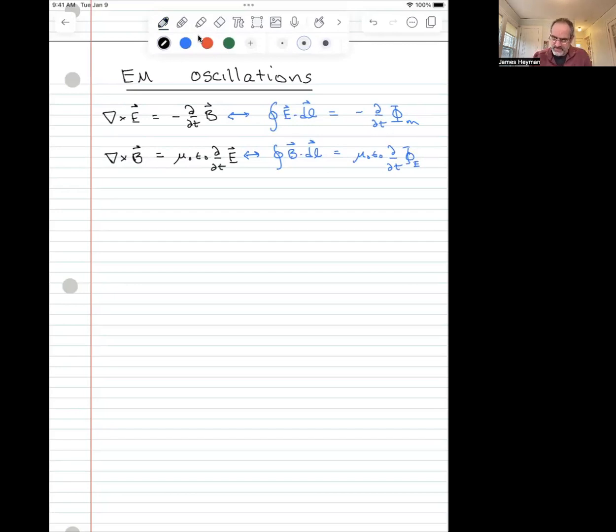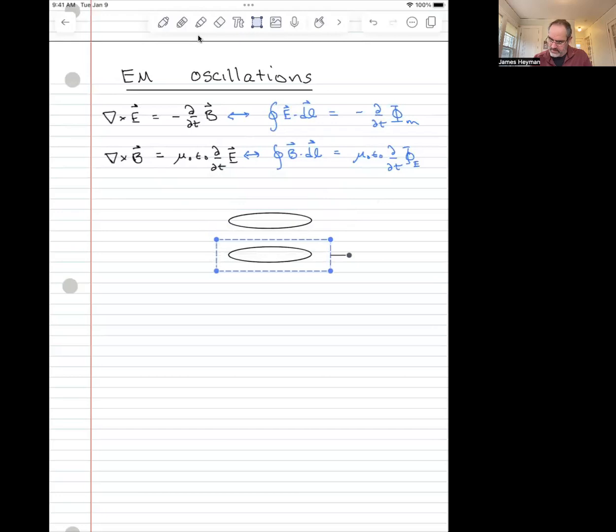So with that idea, let's consider the following problem. Let's consider a pair of metal plates separated by a gap, which can be driven by an AC power source.